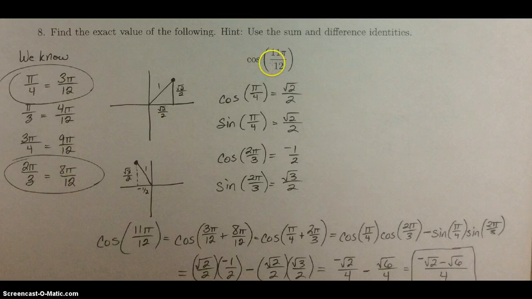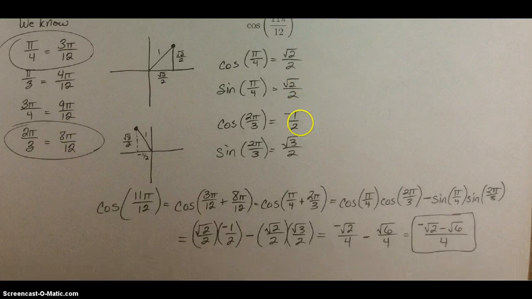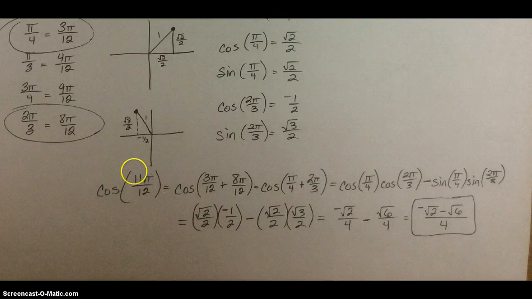If I add those two, I'll get 11 pi over 12. So you got the fact that 11 pi over 12 was equal to 3 pi over 12 plus 8 pi over 12. But then you just split it up simply without worrying about any formula. So you split this into cosine 3 pi over 12 plus cosine 8 pi over 12, and that is not correct.